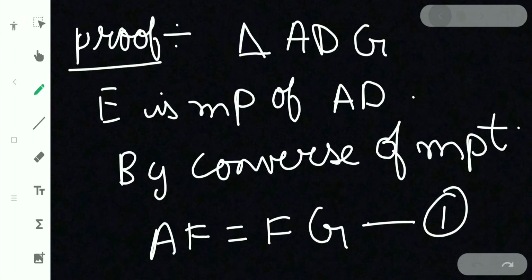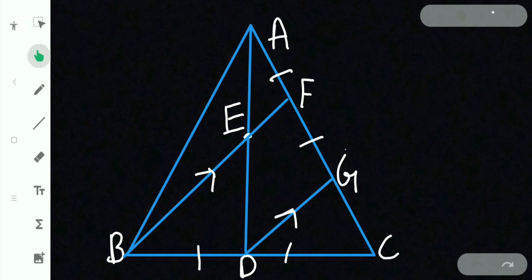But what are these actually? These are the parts of AC. These are small parts of AC. But they all are equal. So I can write they all are 1/3 of AC. So this part is 1/3 of AC. It is 3 parts, and this is one among these 3.